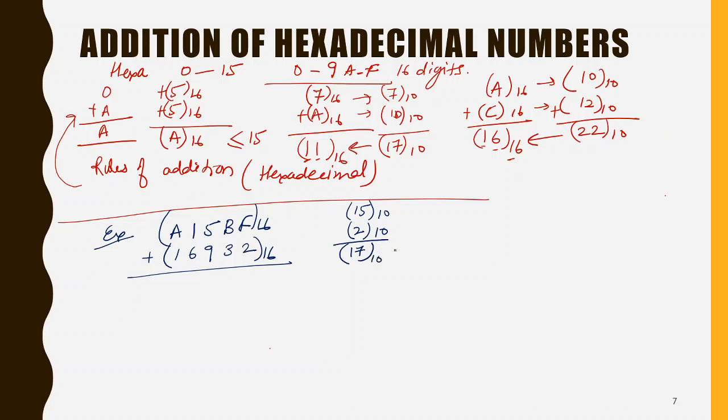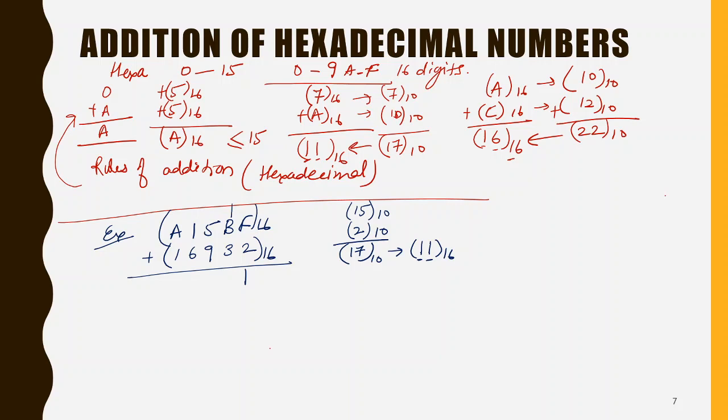Now you want to convert it into hexadecimal, right? So what it will be, it is 16 plus 1, 17. So you will use this digit as the result and this bit as the carry.